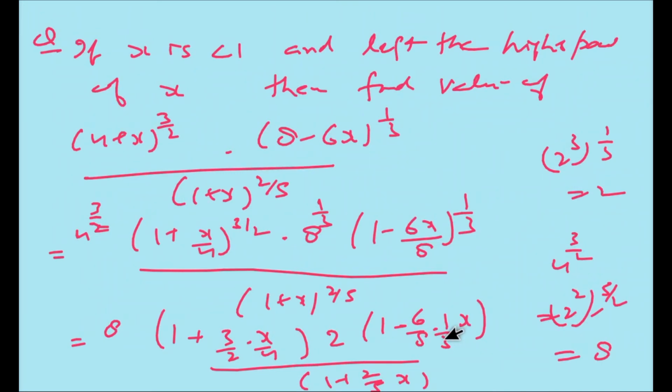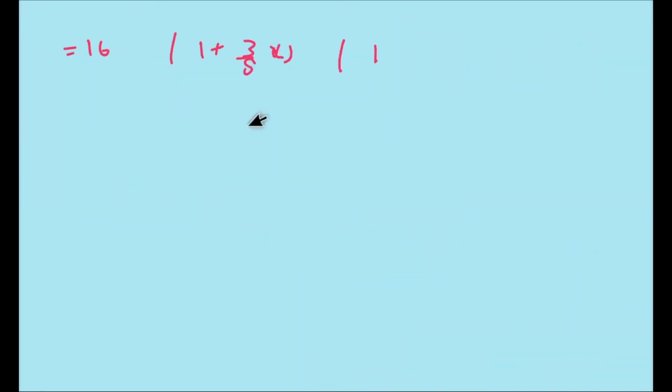Okay, so we can write 1 minus 1 by 4x, and upon we can write 1 plus 2 by 5x.